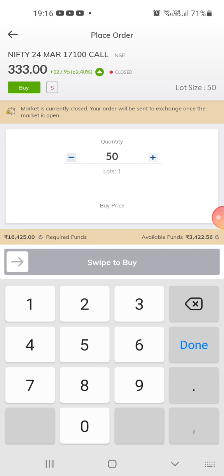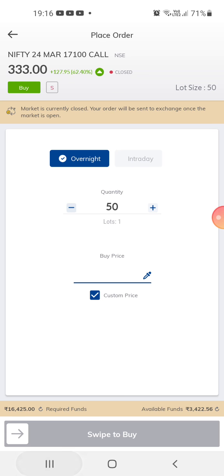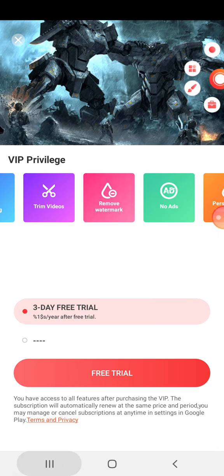One lot consists of 50 options. So suppose tomorrow the put option has gone up right in the morning itself. So this is 333.